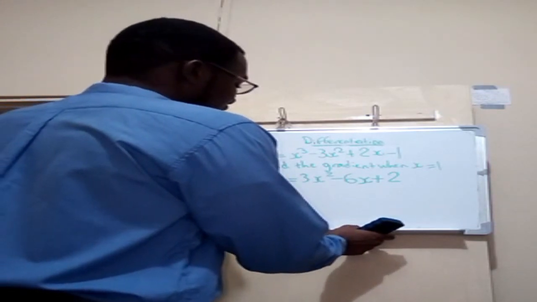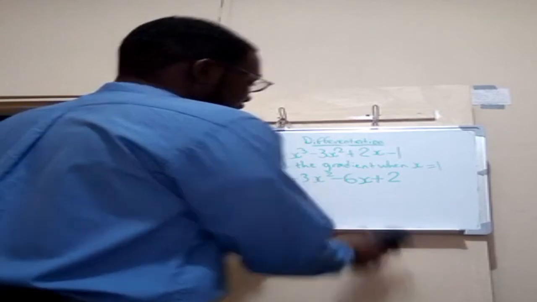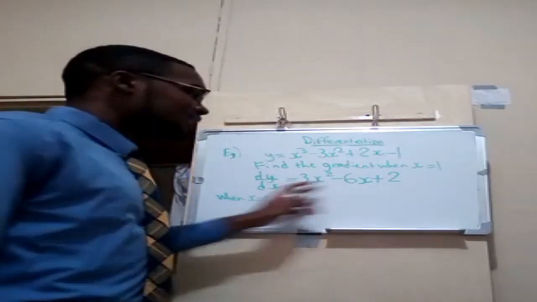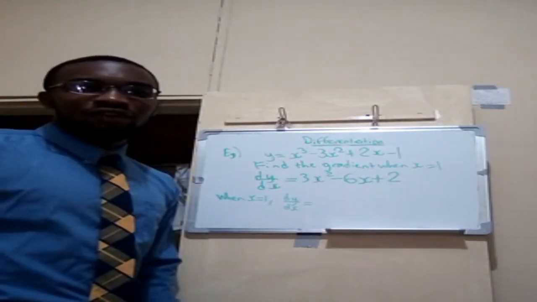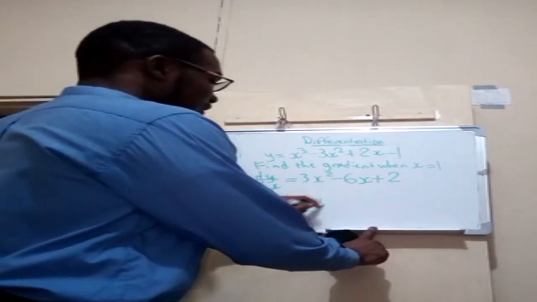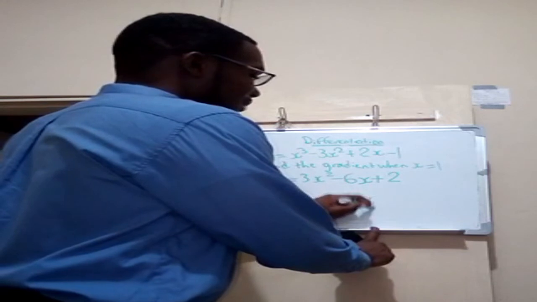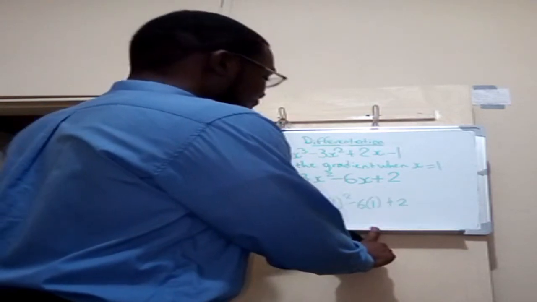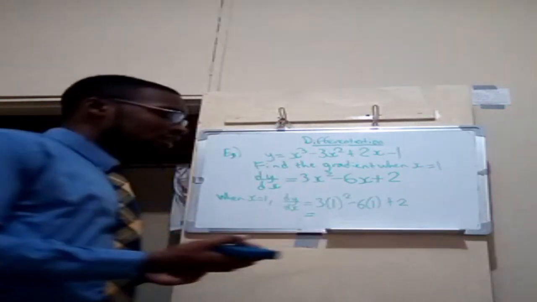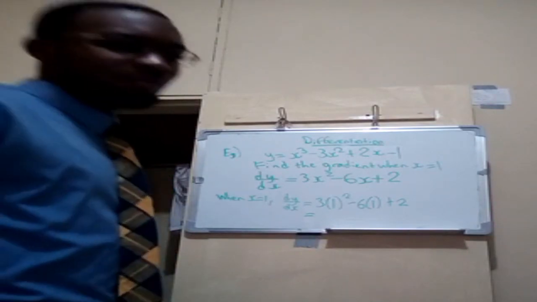So when x equal 1, dy by dx is equal to, you're going to substitute the value x equal 1 into the gradient function. So we're going to get 3 times 1 squared minus 6 times 1 plus 2. And that gives you the value of the gradient at that point.